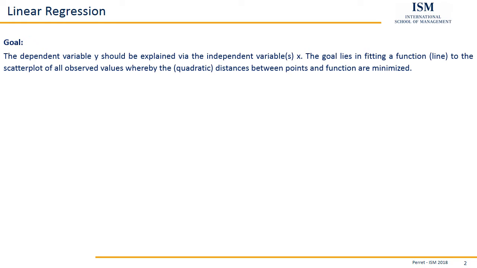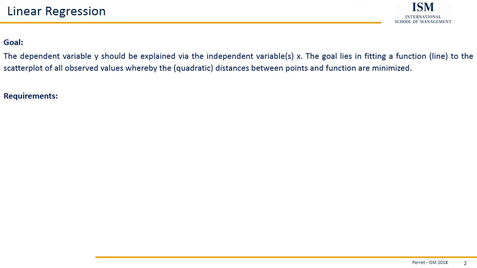And the goal lies in fitting a function, a line. This is linear regression, so we consider only lines. And fitting a line to the scatter plot of all observed values, whereby the quadratic distances between points and function are minimized. In particular, this last part we will take a look at in a moment.